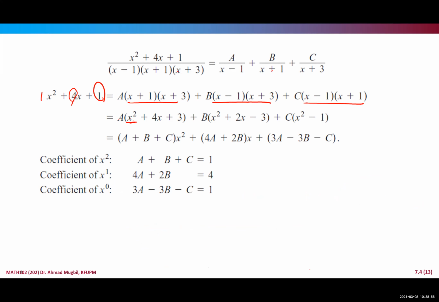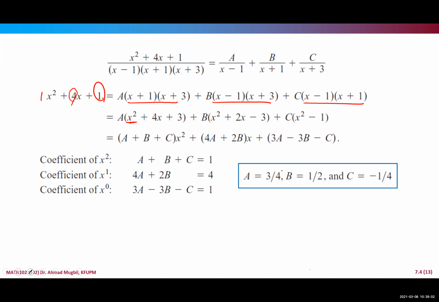So it depends on how good you are in solving such systems, okay? So now, if you did solve the system, this is what you are going to have. This is A, this is B, this is C. This is in fact the main task, and it will take your time. This is the general method, but I will show you a short method to do that, not now, after the next example.